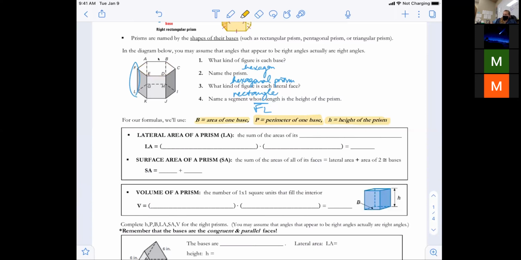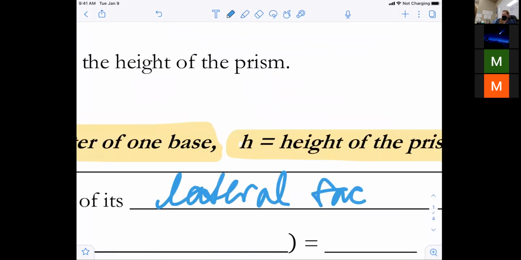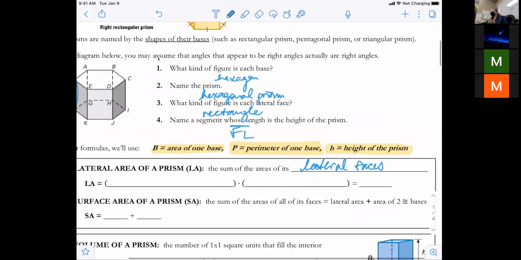Lateral area is the area of its lateral sides, lateral faces. Lateral area is like if I was doing the area of this tissue box, but I didn't do the bases. So I'm just doing the area of these 4 rectangles. That's what the lateral area would be.